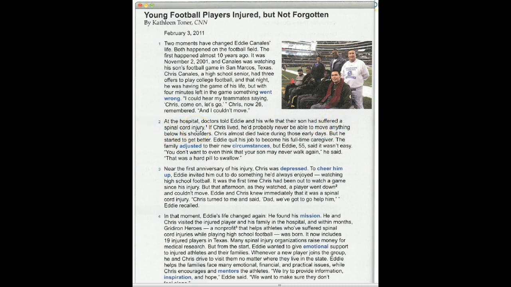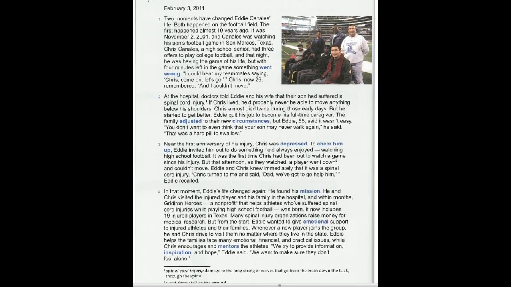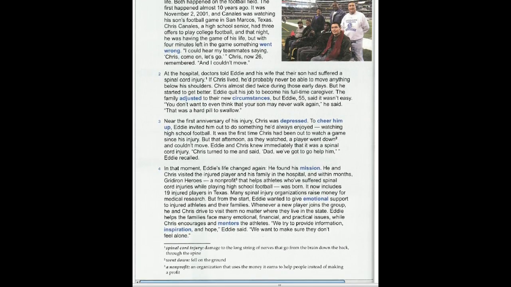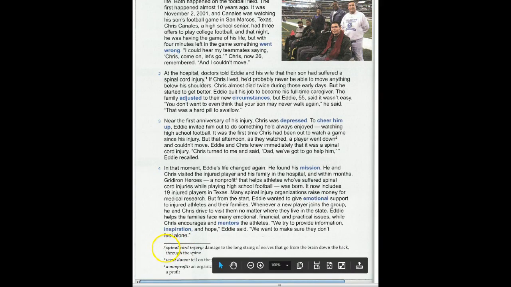cord injury." Now here we have this tiny number 1. You'll see this in a lot of texts. And what that means is the definition of that word is at the bottom. Okay? So if you go down to the bottom of the page, you can see here a spinal cord injury means damage to the long string of nerves that go from the brain down the back through the spine.